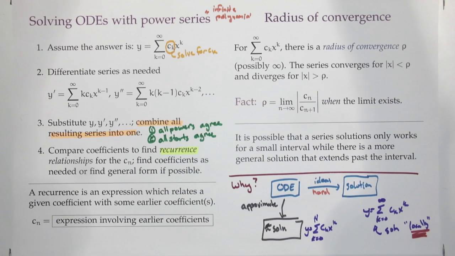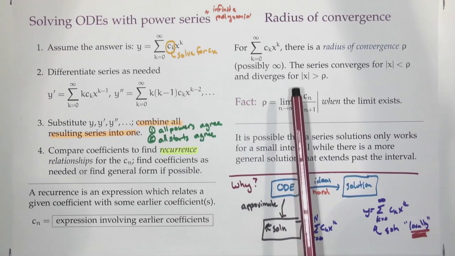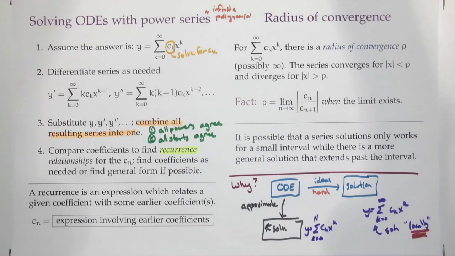And so what do we want? Well, we want the sum to actually go to a value. In other words, we want it to converge. So there's something called the radius of convergence. And the idea of this is saying, how far does this series converge? In other words, where is this good?